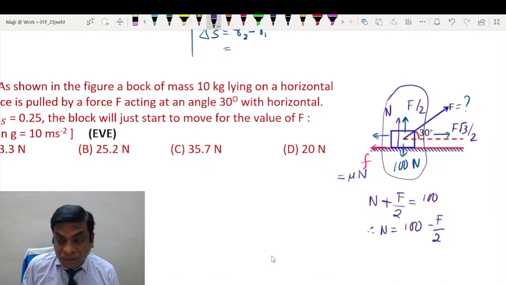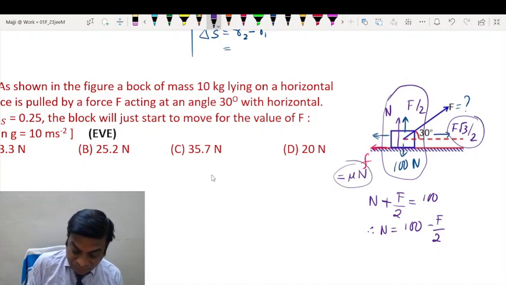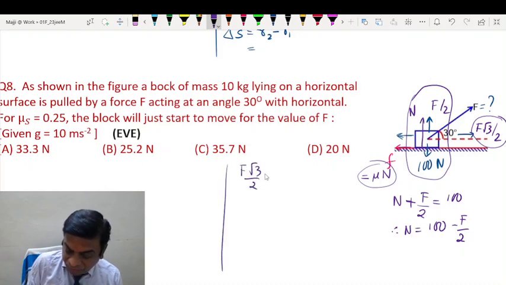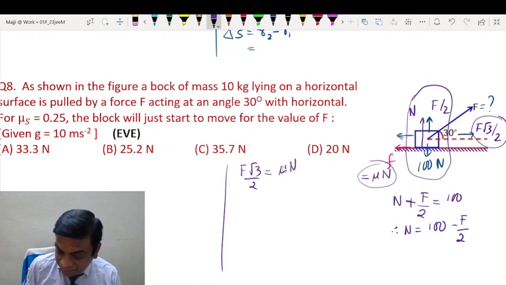Now, since it is on the verge of movement, we can say that the force towards right must be just balanced by the force towards left. So based on that concept, we can say that F root 3 by 2 is equal to mu into N. So N is how much? N is 100 minus F by 2.